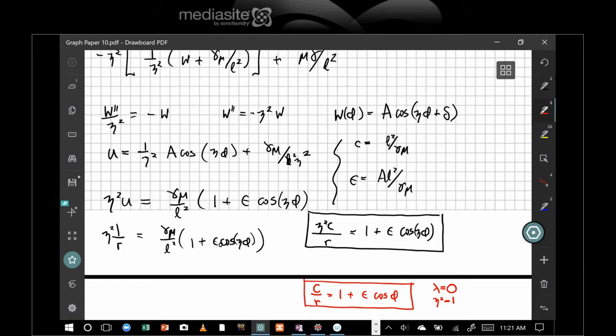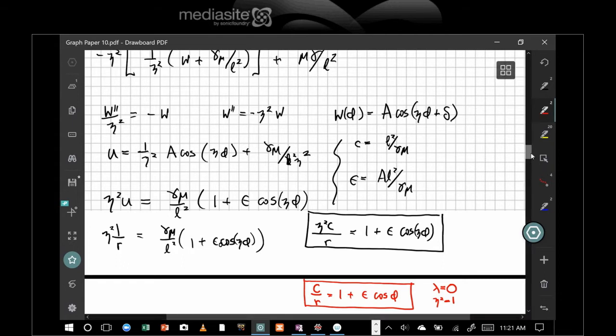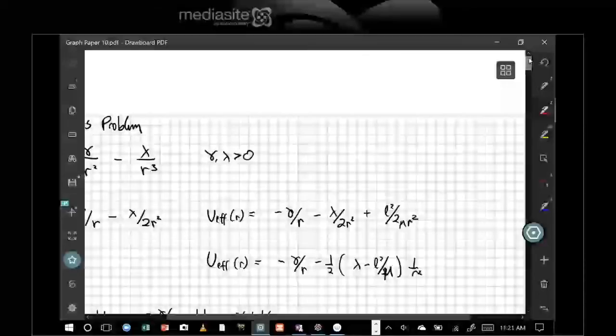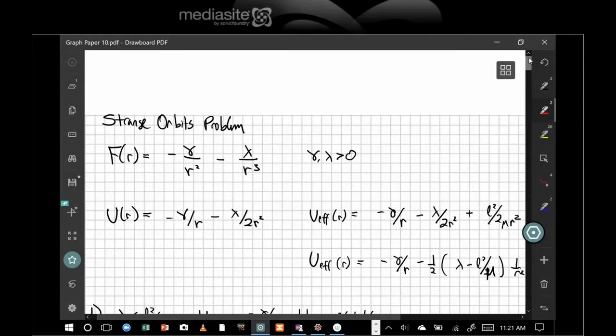So again, just as a reminder, what we're doing is we're saying we have a force. This force has a term that looks like the universal law of gravity, plus some perturbation, and that perturbation happens to be a 1 over r cubed term.